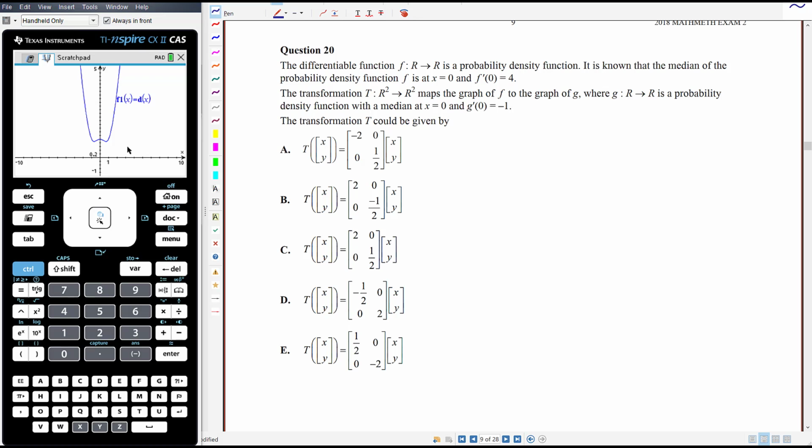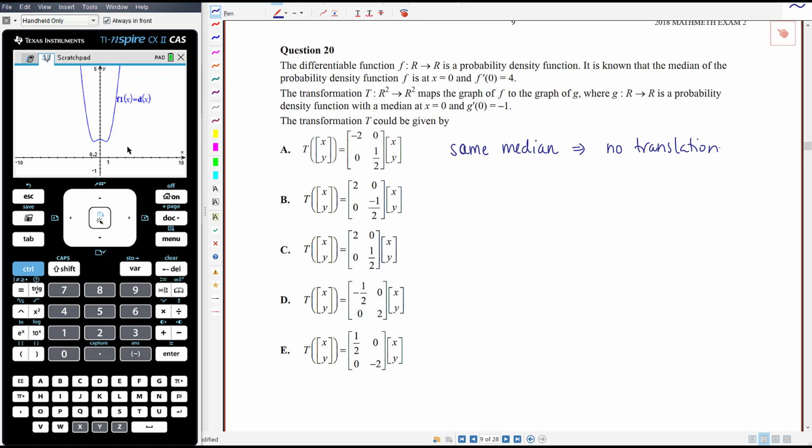Okay, so the first thing to note is they both have the same median, which means that there's no translation. And actually looking at the options in the multiple choice, there's clearly no translation.